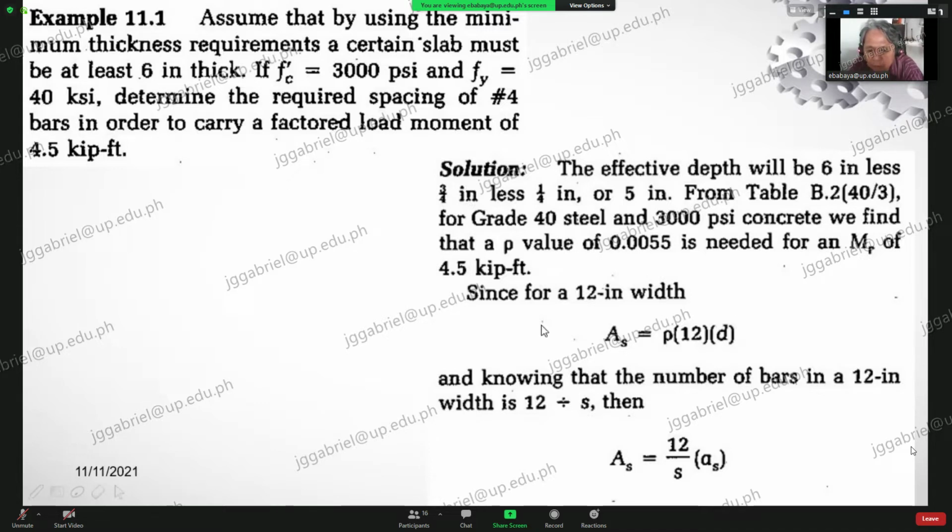Or originally, formula natin dyan is rho, that's equal to As over bd. Tama? Yung b natin dito is 12 inches. Okay, so we're using actually the same formula.